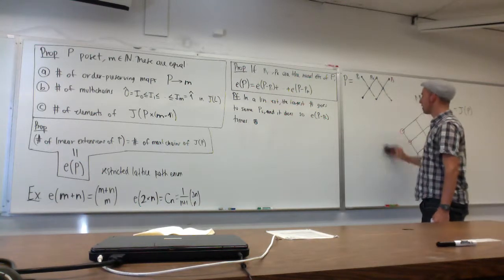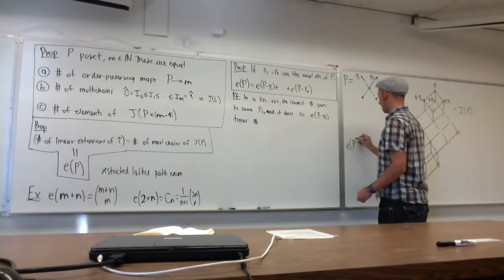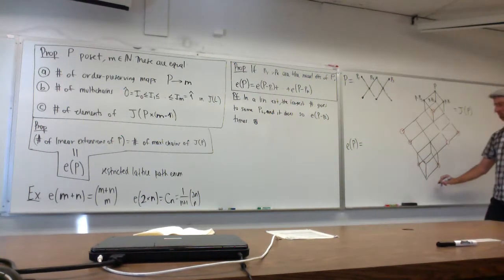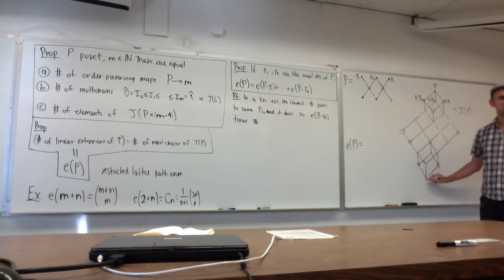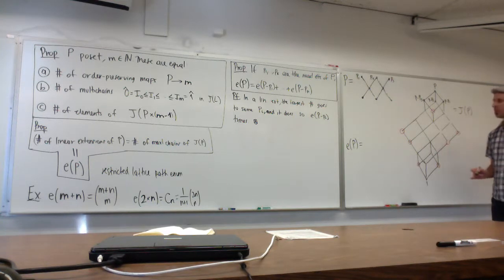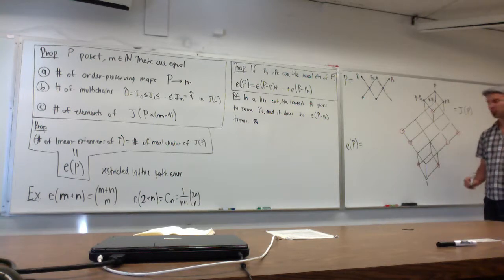So if I want to find out how many linear extensions this poset has, I start from the bottom. This guy is the empty poset. It has only one linear extension, which is not to give anybody any number. Then at each stage you just add the numbers directly below you. So here, 1 is below you, 1 is below you, 1 is below you.